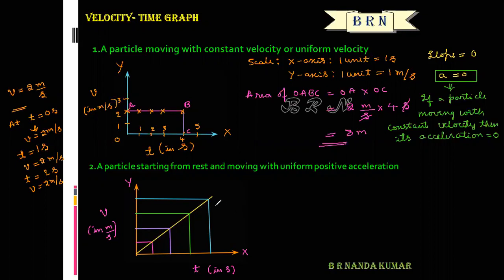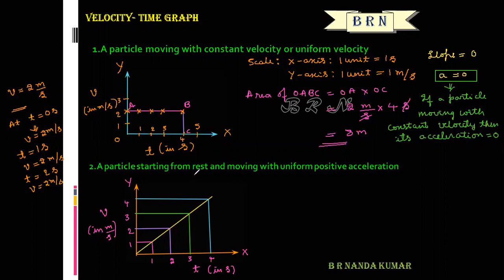So again, choose the same scale. That means in the x-axis, 1 unit is 1 second. This is 1, 2, 3, 4, and so on. And in the y-axis, 1 unit is 1 meter per second. This is 1, 2, 3, 4, and so on.